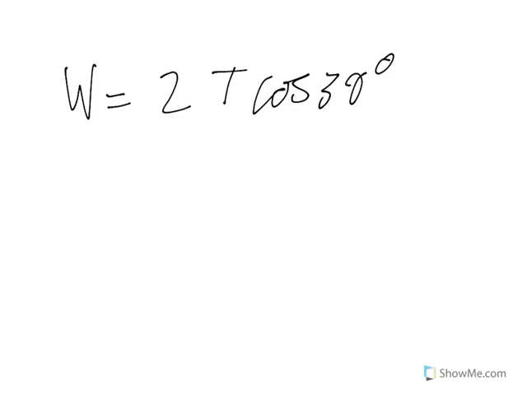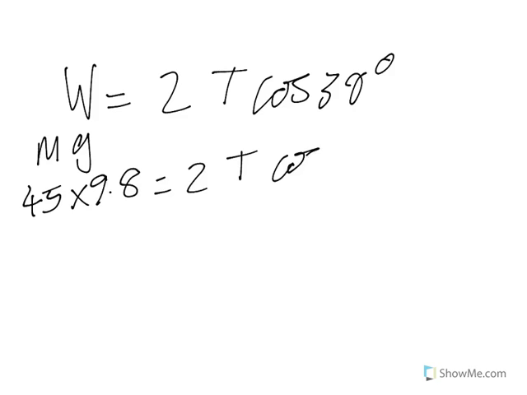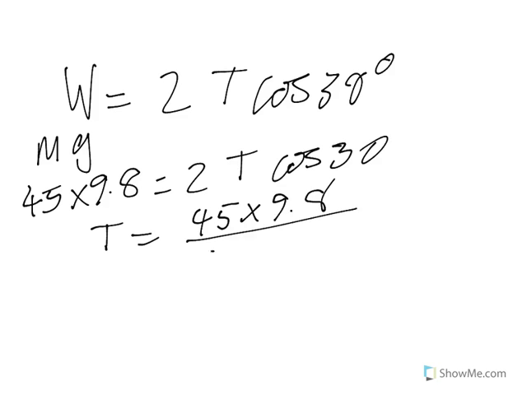So that's one for each side. Now, weight force, of course, we know is mg, and the mass we were told was 45, g is 9.8, equals 2T cos 30. If we then divide both sides by 2 and by cos 30, we find that the tension is 45 times 9.8 over 2 cos 30.